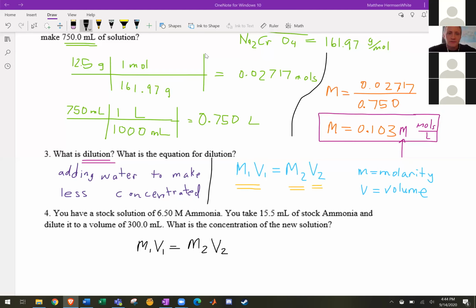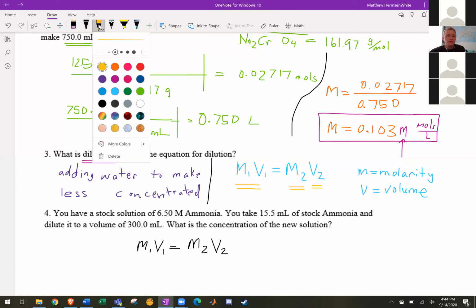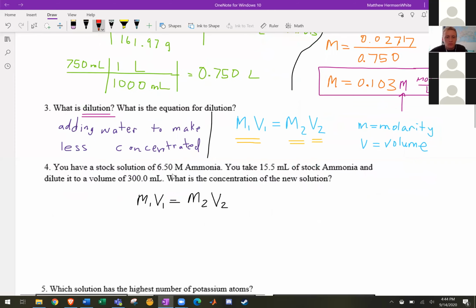Okay, so maybe you've had a chance to look at this one. Now the dilution problems are almost always going to be the same. And really it's just a challenge of figuring out what the problem statement says. So let's see, we have a stock solution of 6.5 molar ammonia. Now notice this equation doesn't have anything to do with the type of chemical.